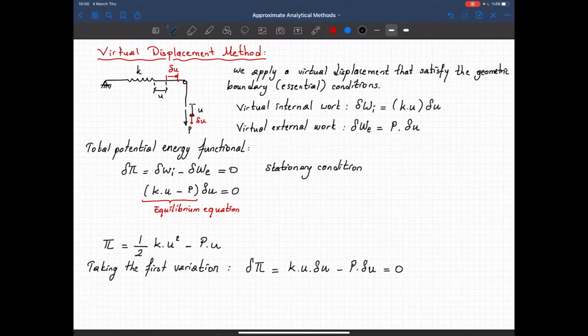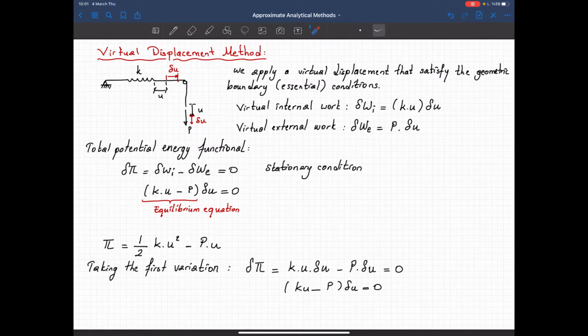And of course, I get the same equation. So basically, what we are saying as the virtual displacement method is nothing but the variational approach. You have an energy equation, you take the first variation, and if you give the variation to the displacement, the first variation will give you the equilibrium equation.